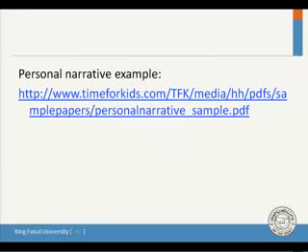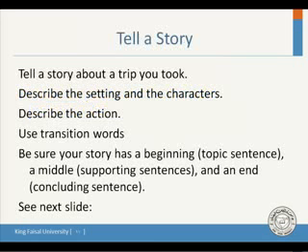You can see some examples or a personal narrative example on this web page. Now, what I want you to do is to write a story. I want you to write a story about a trip you took, for example, to Mecca or to Abha or to any place in Saudi Arabia or abroad, to London, to Paris, anywhere.